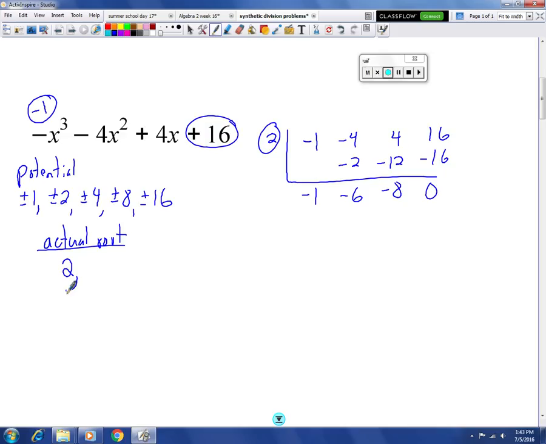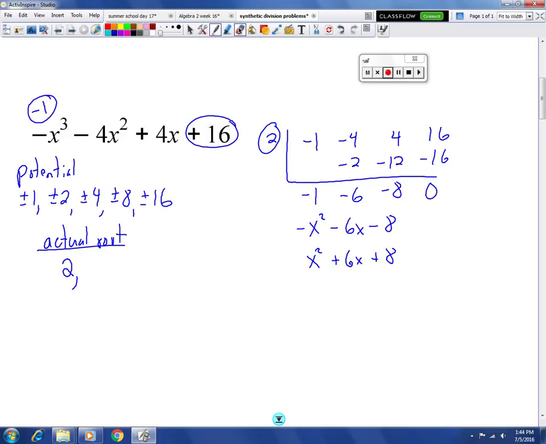Now again, we can change this. We can actually put the x squared and x in there and factor it. It would actually be easier to factor if we change the signs.